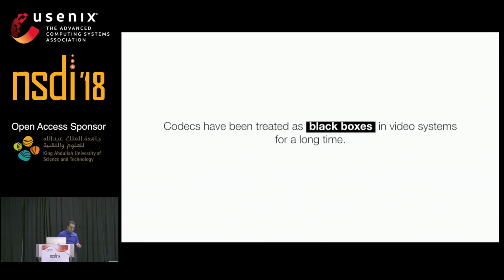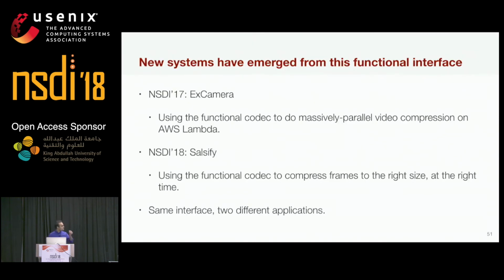First of all, I have to say that codecs have been treated as black boxes for a long time in video systems. Last year at NSDI, we talked about a project called ExCamera, where we decided to actually break this black box, define a new interface for the video codec, and we used this functional video codec to do massively parallel video compression on AWS Lambda.